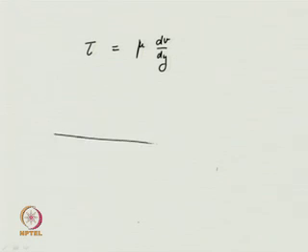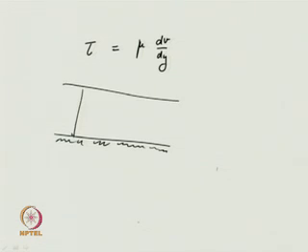Therefore, let me give the overland flow in a magnified form. Here this is your depth y m, and it has a velocity distribution.